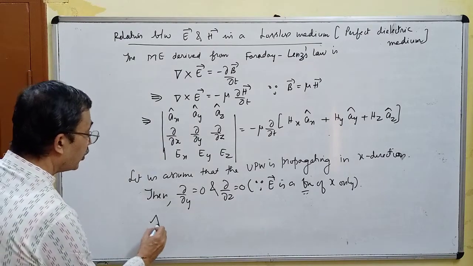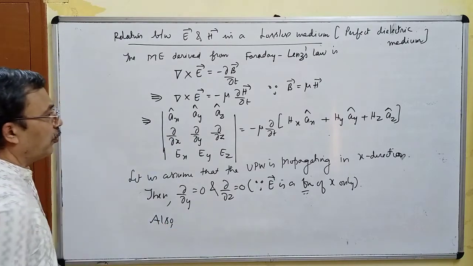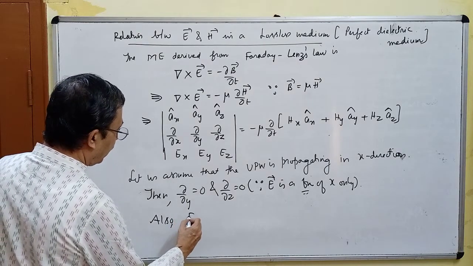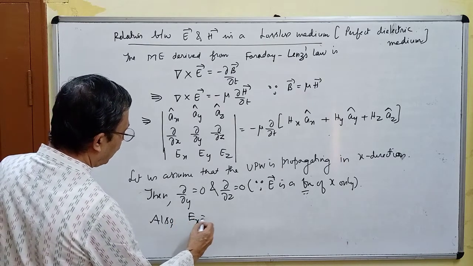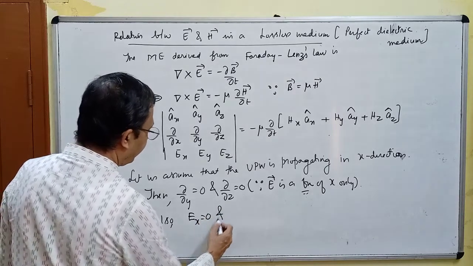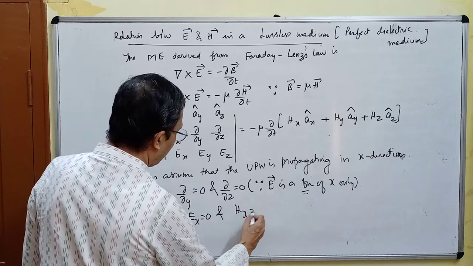Also, for a uniform plane wave propagating in x direction, Ex is equal to 0 and Hx is equal to 0.